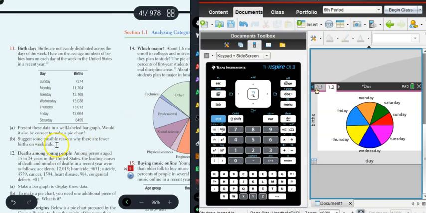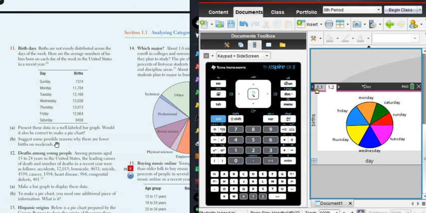B says, suggest some possible reasons why there are fewer births on weekends. Now think about this. On the weekends, again, when you ask opinion questions like this, there's no real right or wrong answer. It is an opinion question, but it needs to be something that's reasonable that you can justify. Now, one of the best reasons is that C-sections are usually scheduled.